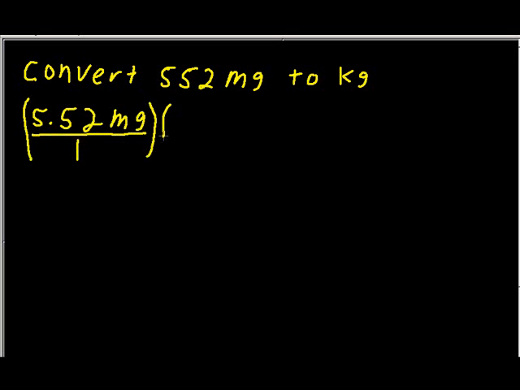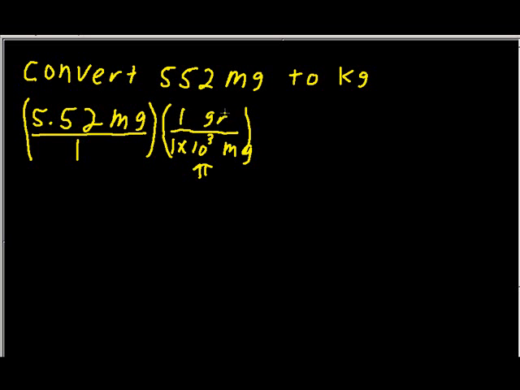Then we create another parentheses. Milligrams on top means I'm going to have milligrams on the bottom, and I'm going to create my unit ratio here, which is 1 times 10 to the third milligrams is the same as 1 gram.